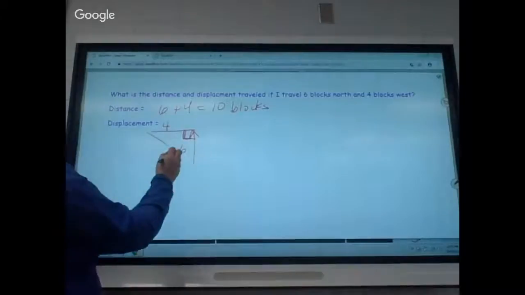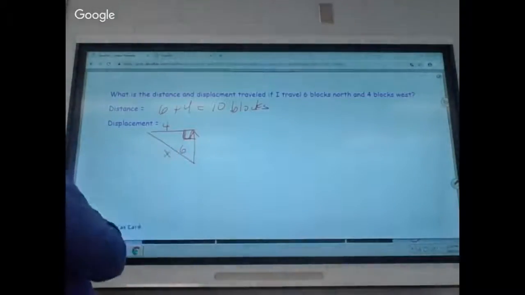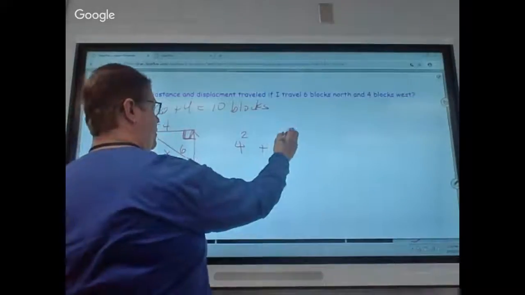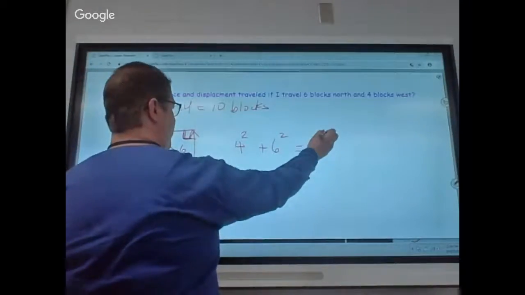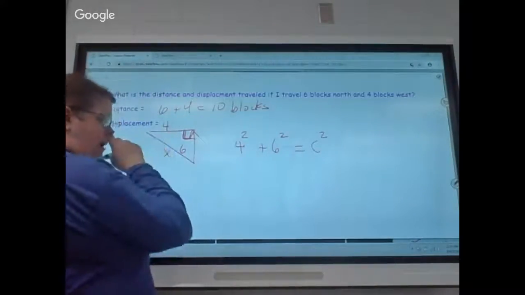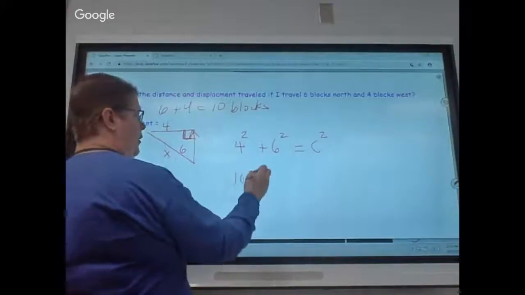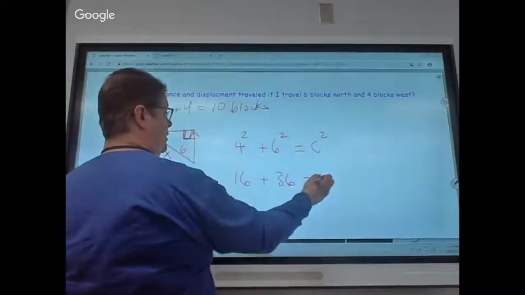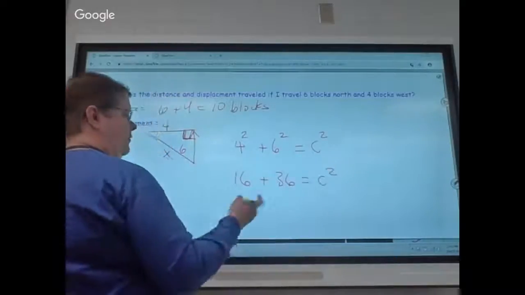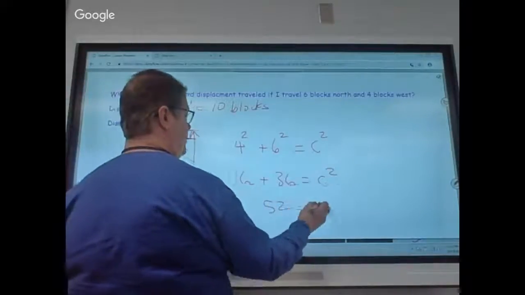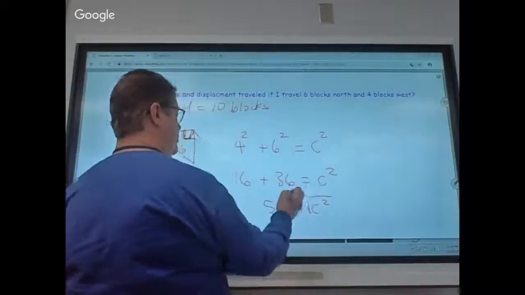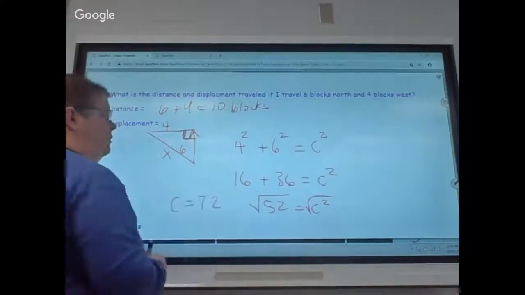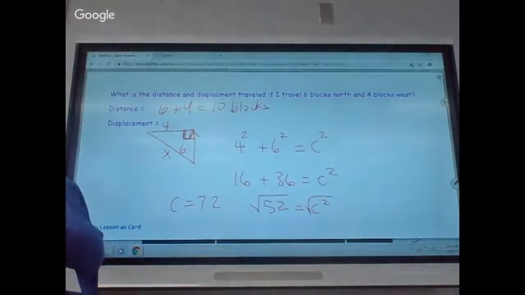We're solving for c. 4 squared plus 6 squared equals c squared. What's 4 squared? 16. Plus what's 6 squared? 36. 52 equals c squared. Square root, c equals 7.2. That's how they got 7.2 blocks.